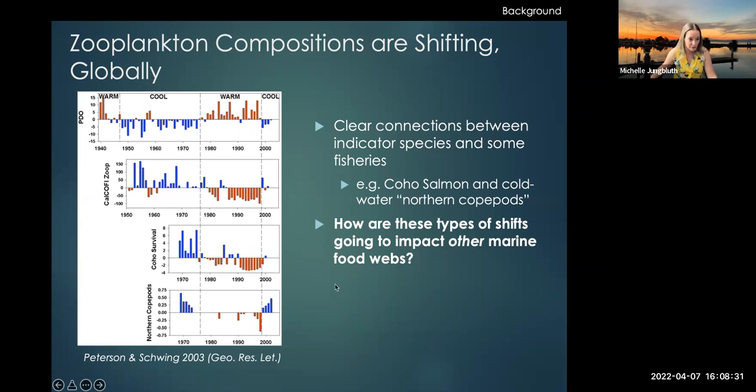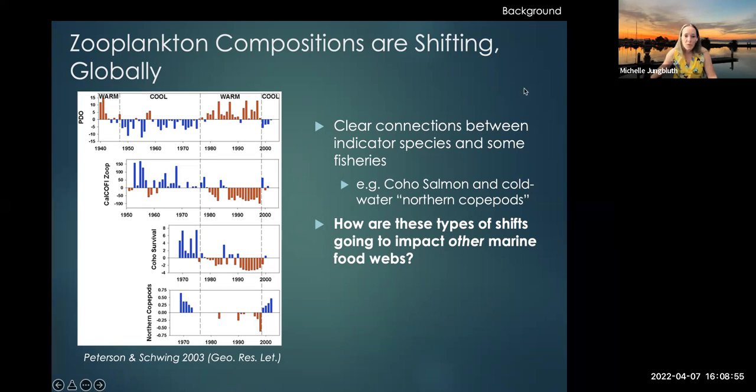And you have changes in coho salmon survival that are related to the assemblages of copepods that are present, specifically the northern copepods, which tend to be more lipid rich and more resource rich, providing more resources per unit consumption. So that raises some huge questions about how these types of shifts are going to impact other marine food webs or other aquatic food webs.